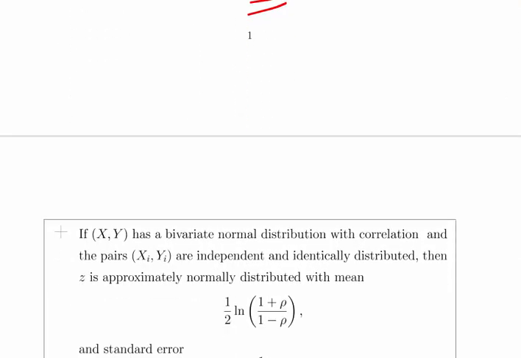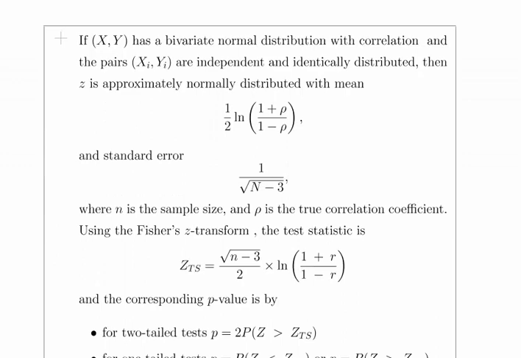Now, I've got a little treat in store. We're going to look at the Fisher Z transformation. So this is a different approach to this test. Essentially what I have here at the top is a bit of theory about it.